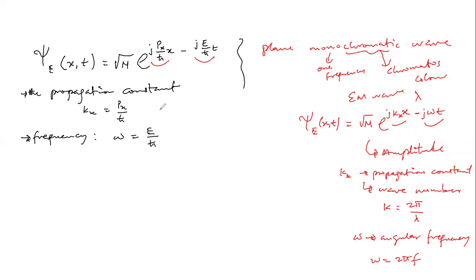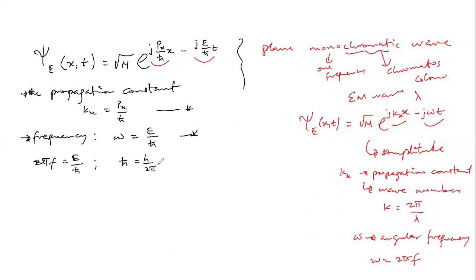So these are two important parameters. We already know omega is 2 pi f. So if we say 2 pi f is the same as E over H cross, what do we get? Now we also know that H cross is the reduced Planck constant, which is H over 2 pi.